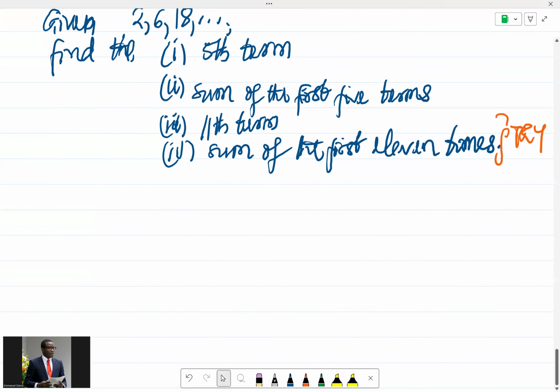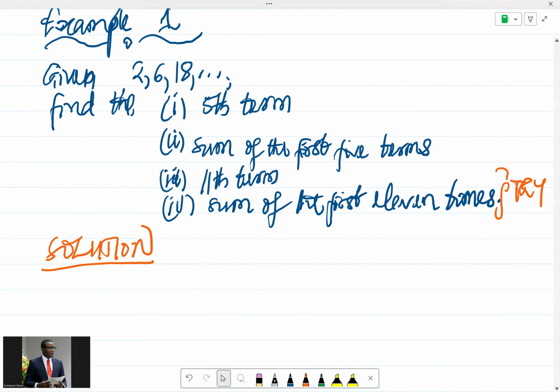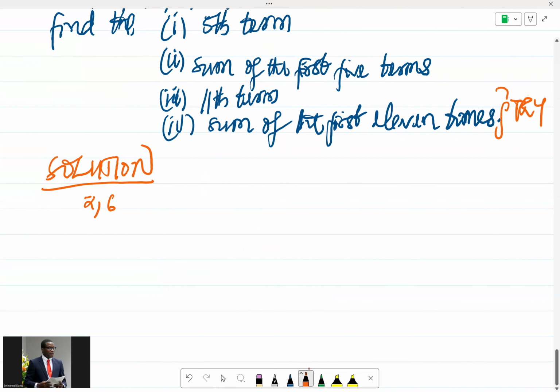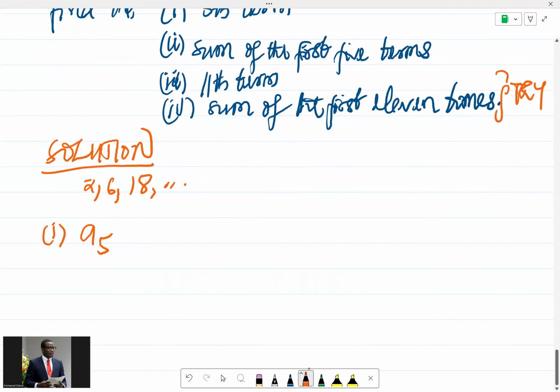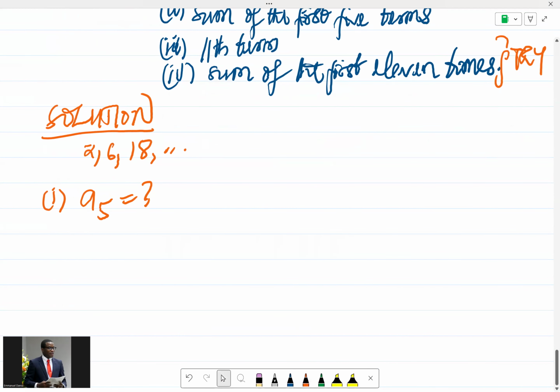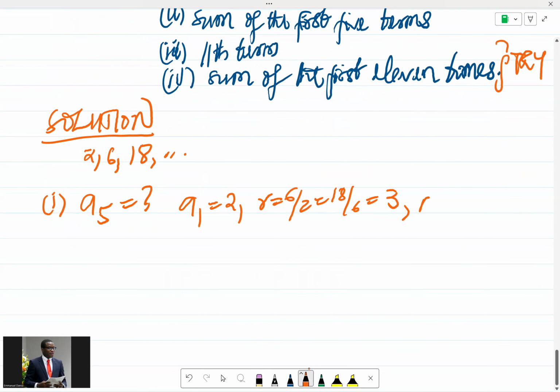Okay, so let's go for the solution now. Again, we have 2, 6, 18, and so on. The first question tells us to look for A5. We know from the geometric sequence that A1 is equal to 2. Then the common ratio is 6 over 2, or 18 over 6, which is 3. So now our n here is 5.